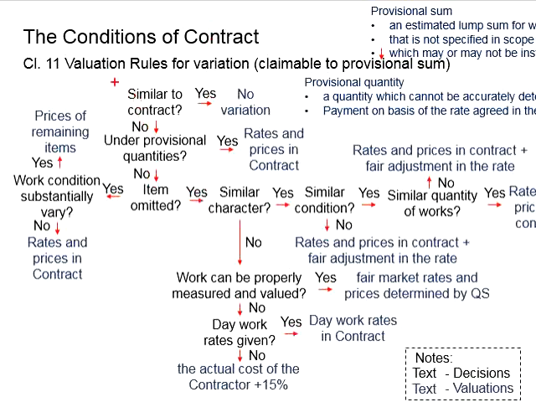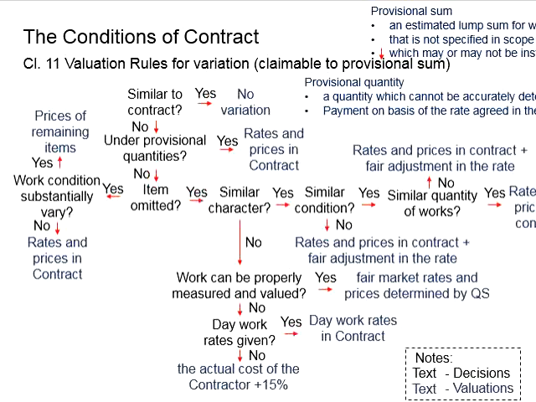Let's say now it is confirmed that there are additional works or changes in terms of the scopes or the amounts of the work different from what has been stated in the contract, that means this is a variations. At this moment, the contractor is entitled to claim for the work done.